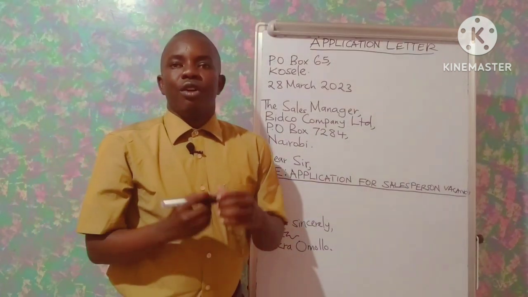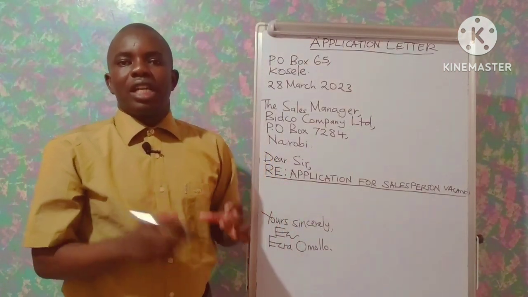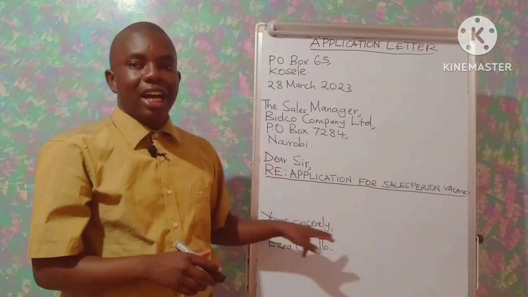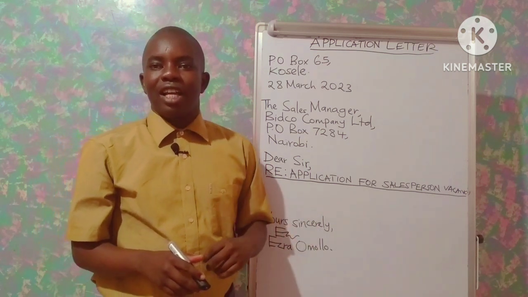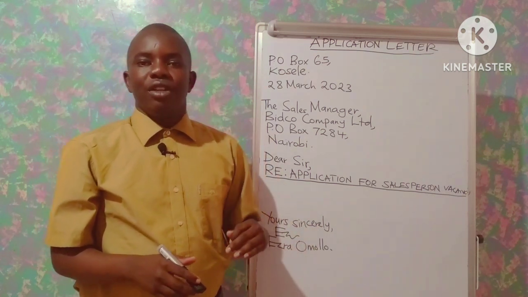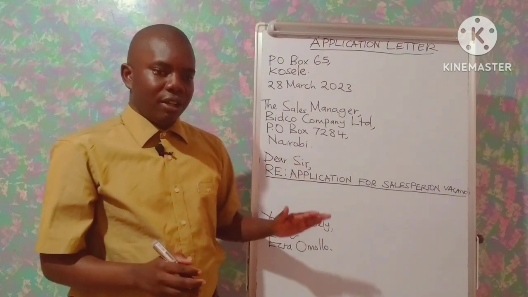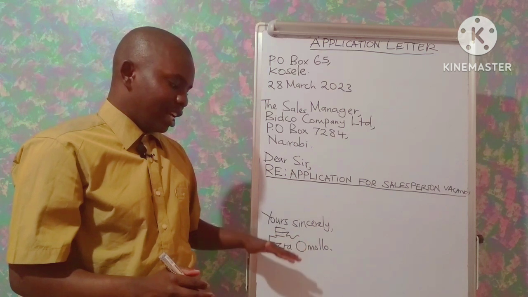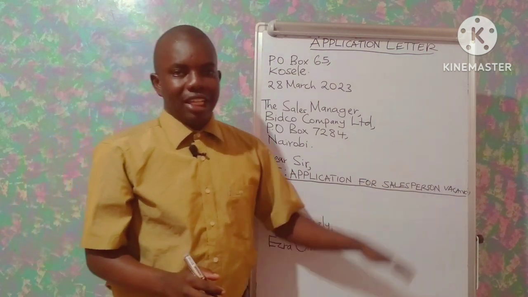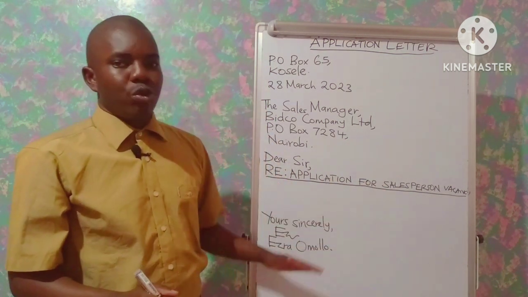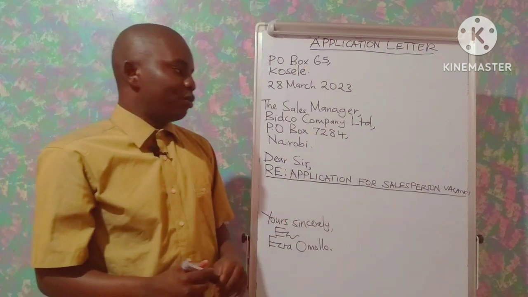So the closing tag could be yours sincerely, as it has been covered here. We can have yours truly, we can have yours faithfully, followed by a signature. Then lastly, you can have your two names down there.